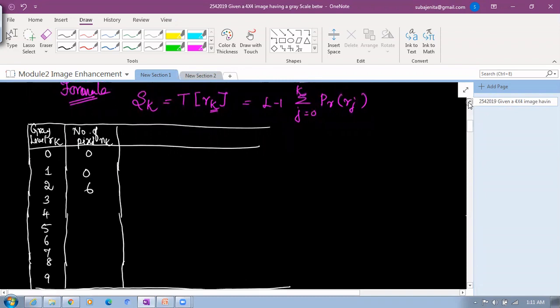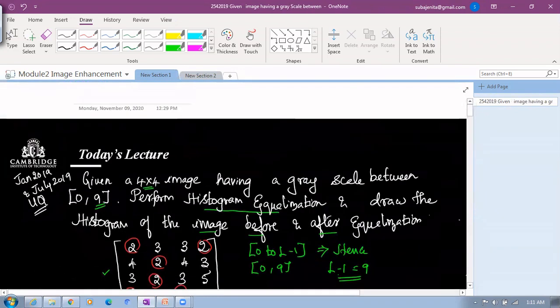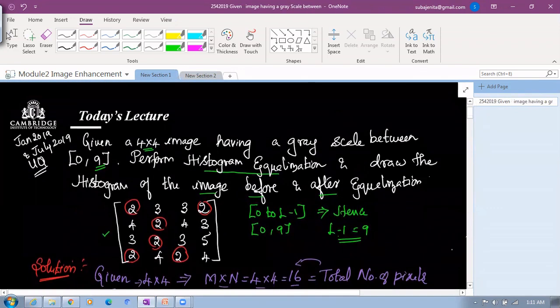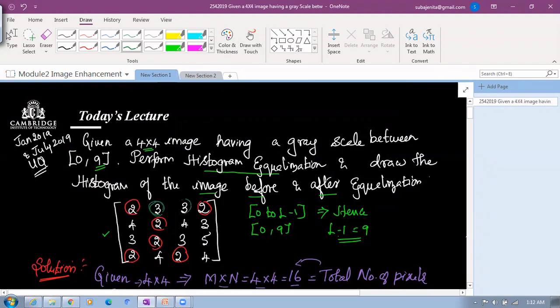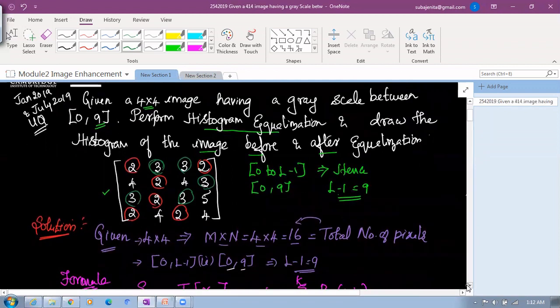The frequency of occurrence of intensity level 3, we have 1, 2, 3, 4, 5. So intensity level 3 has occurred 5 times. Let me write it here.